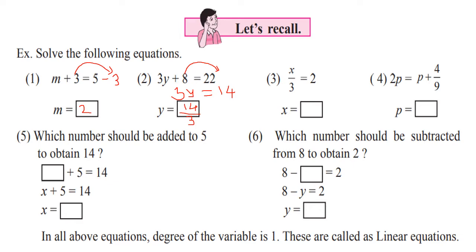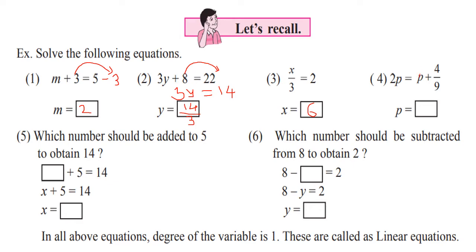Then here, x upon 3 is equal to 2. This 3 which is in division will go here in multiplication. So 3 into 2, the answer is going to be 6 here. x is equal to 6. Now see next. 2p is equal to p plus 4 upon 9.